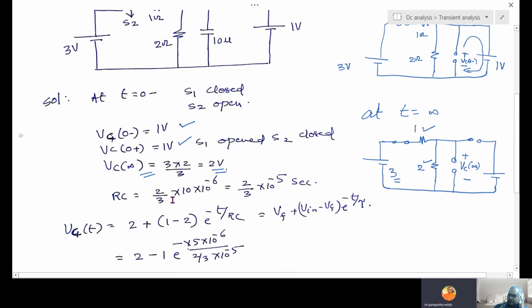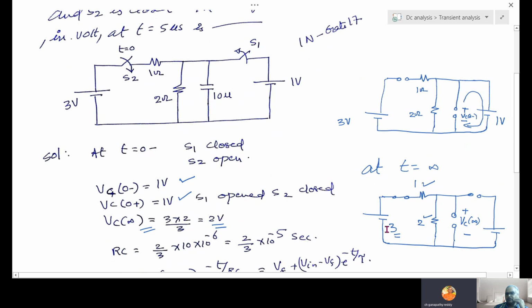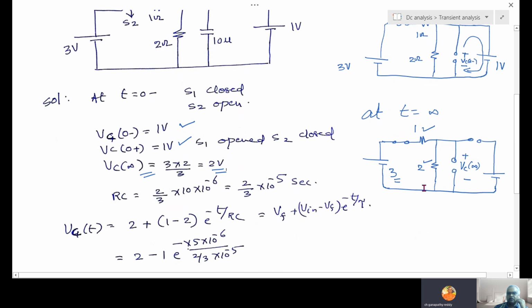And for RC, this voltage source is shorted, 2 and 1 in parallel, so 2 by 3, with 10 microfarad. Resistance is 2 by 3, capacitance is 10 micro, you will get the time constant. Now what is the VC expression?